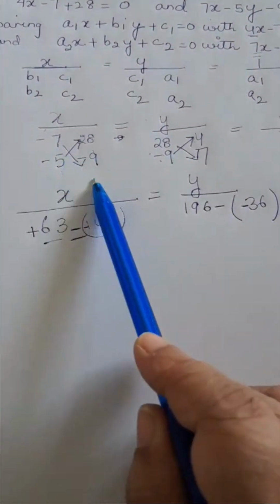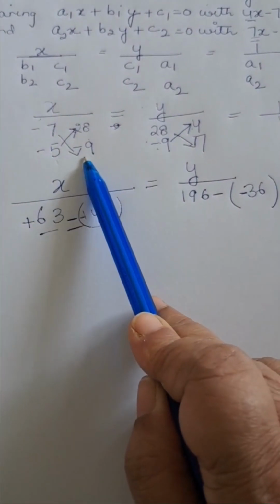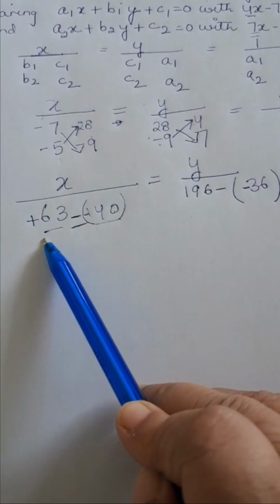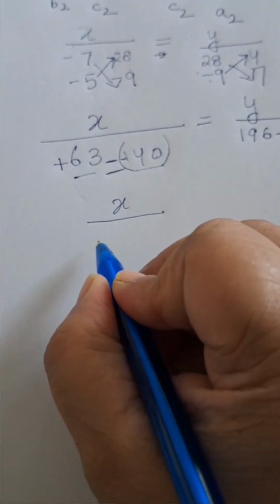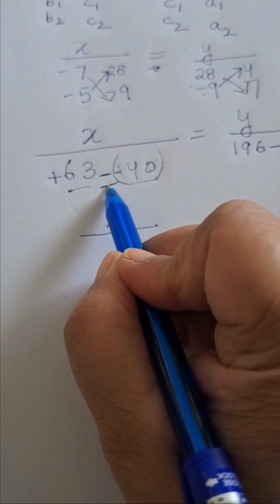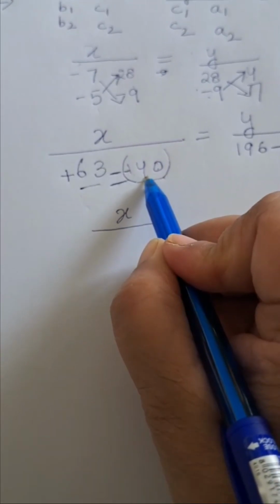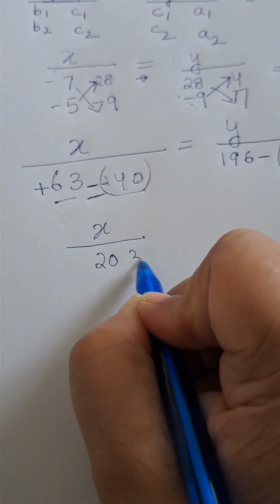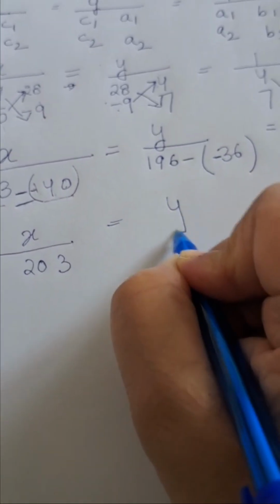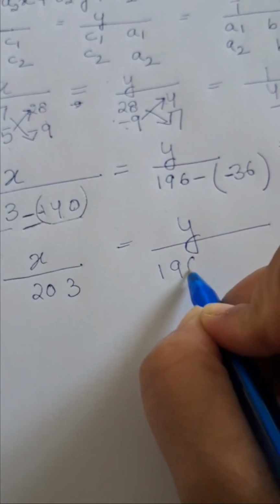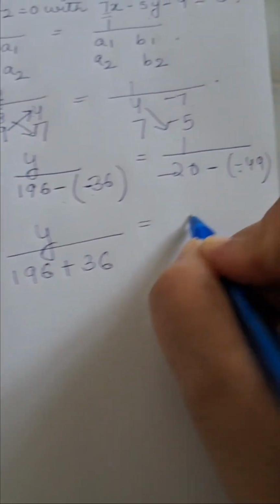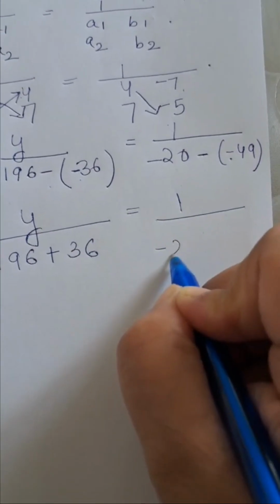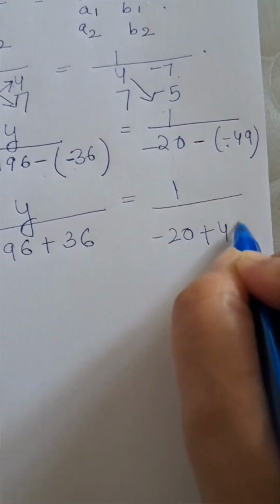Here it will be 9 sevens are 63 and there was a minus sign over here, so minus minus plus 63. Now we'll move forward and solve it. That will become x upon 63 minus minus plus 63 plus 140 will become 203. Same way, y upon 196 minus minus plus 36 is equal to 1 by minus 20 minus minus plus 49.